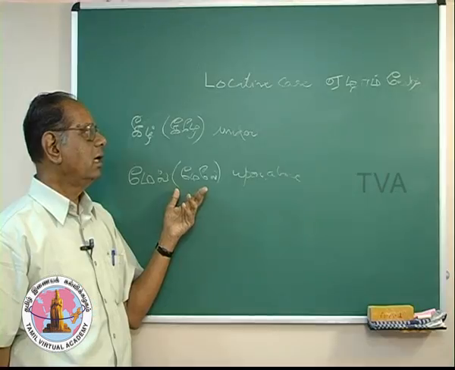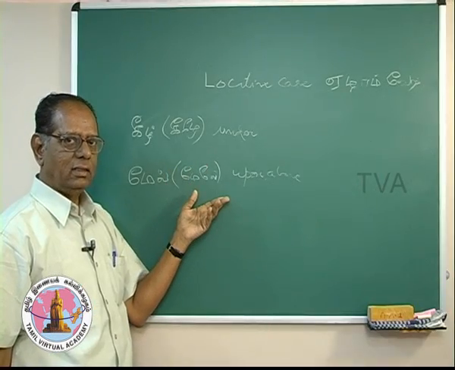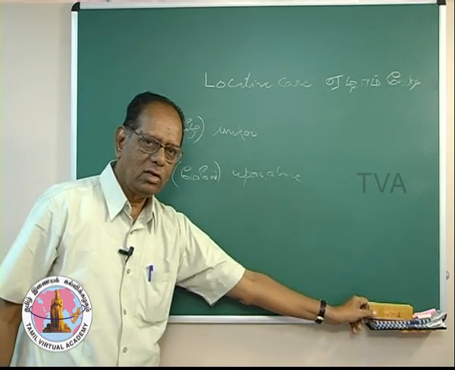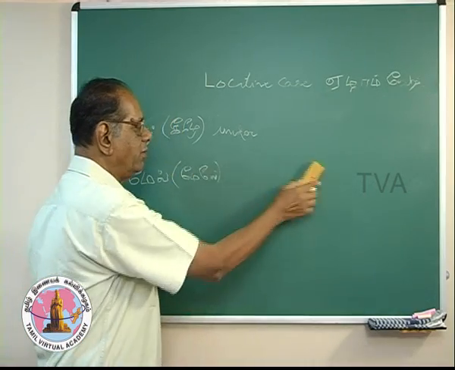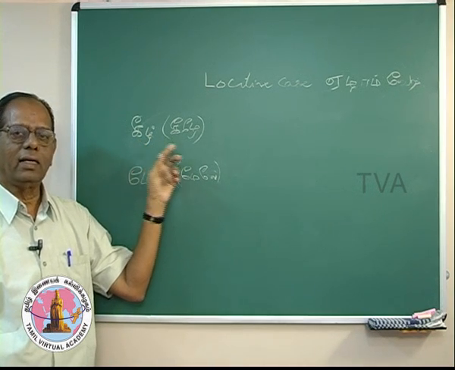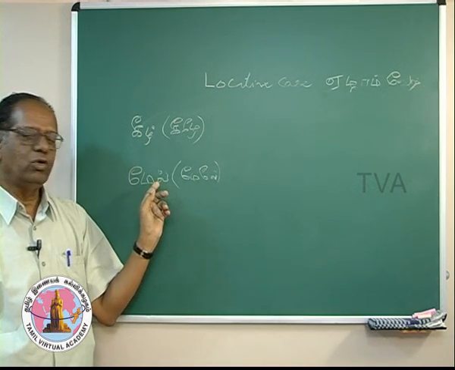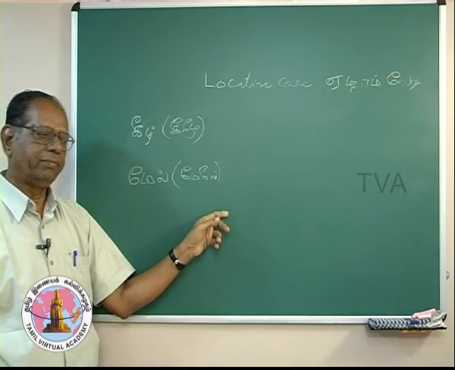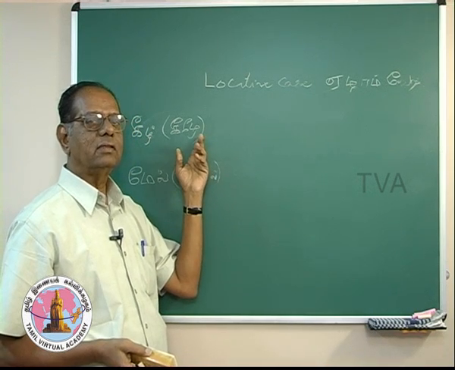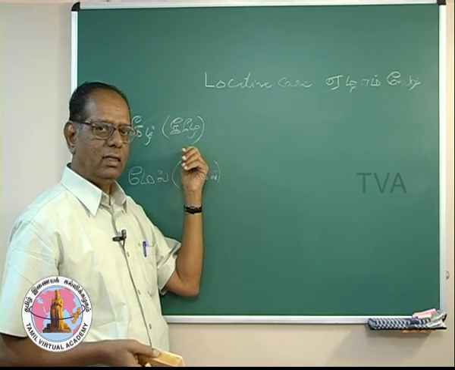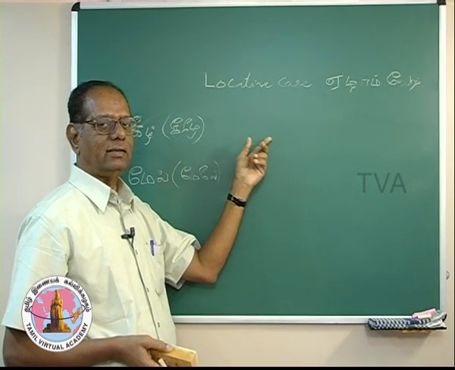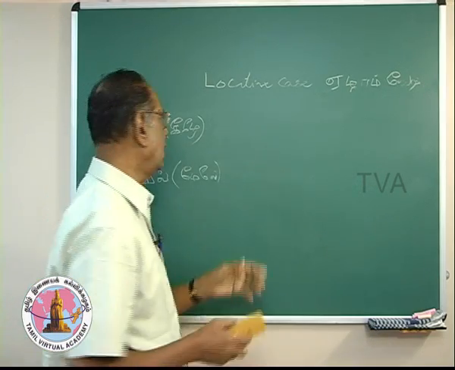Something is under something else and another thing is upon something else. So these also come under the locative case. You can use either கீழ் or கீழே and also மேல் or மேலே. Generally what happens, before taking up this case marker, the noun or the word to which this is to be added takes up another suffix. You will see that.